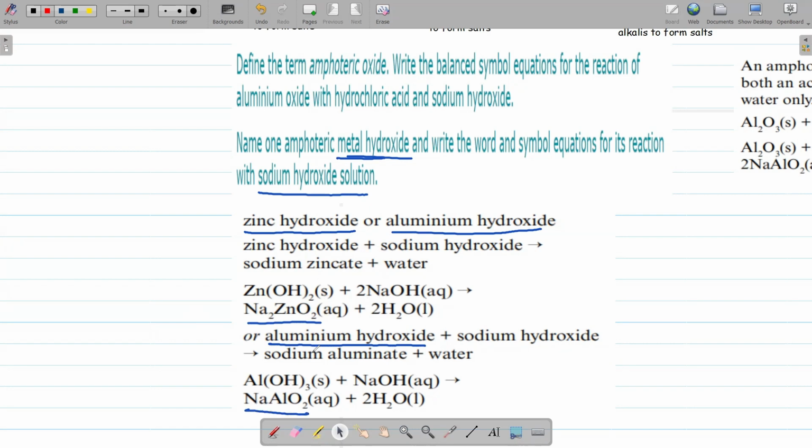Remember, the salts that are formed in the reaction with sodium hydroxide are soluble and they contain compound ions with names ending in -ate. So that's why this is sodium zincate, and this is sodium aluminate.